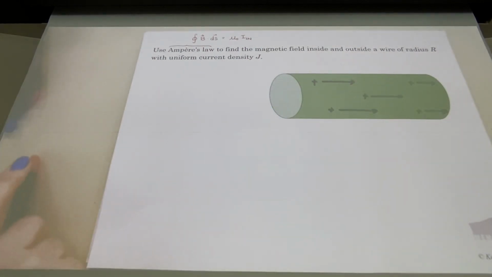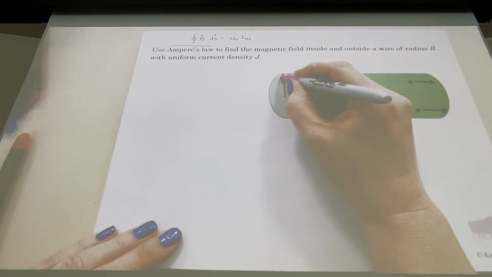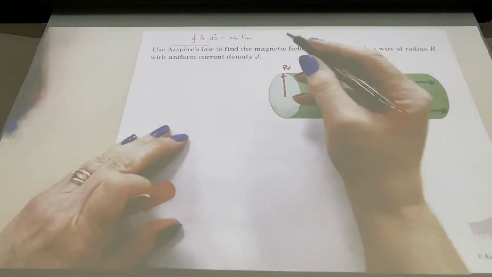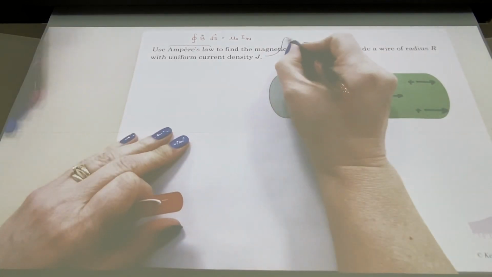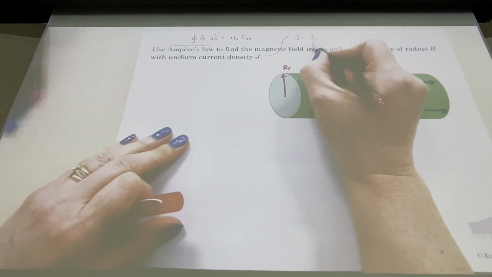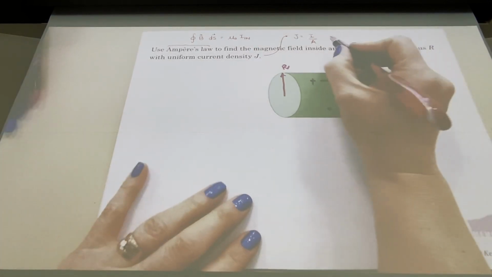Our wire has radius r, so we can put that on the picture. From the center to the outer perimeter is the radius of the wire, r. And we're told that it has uniform current density J. Current density J is the current that passes through some area on the face. It's a circular wire, so the area would be the area of the circle.